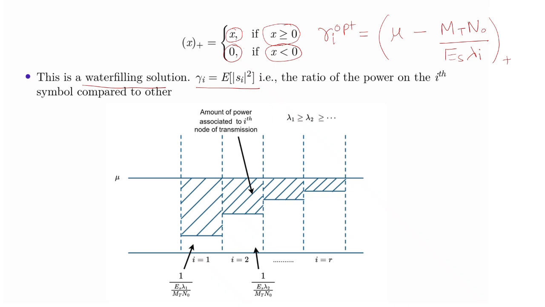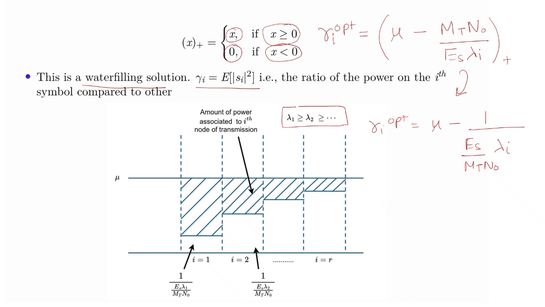Okay, so you can write this as gamma i opt is equal to mu minus 1 divided by Es by M t N naught lambda i. And the lambda i's are the eigenvalues, so they are arranged in decreasing order.